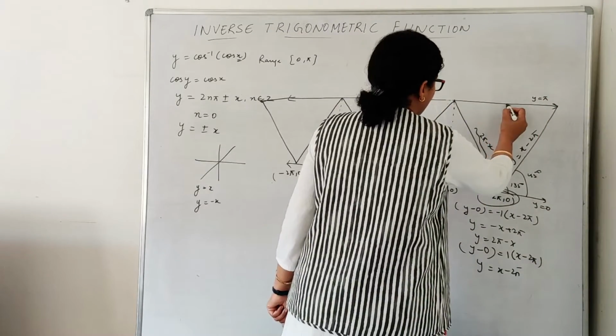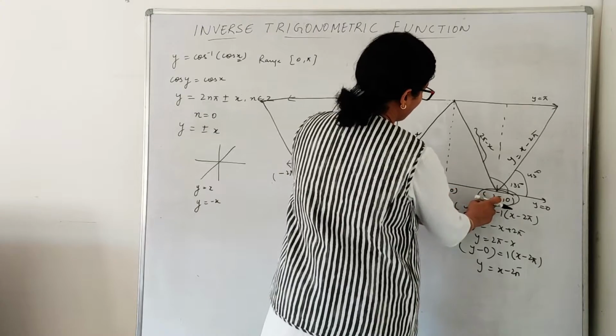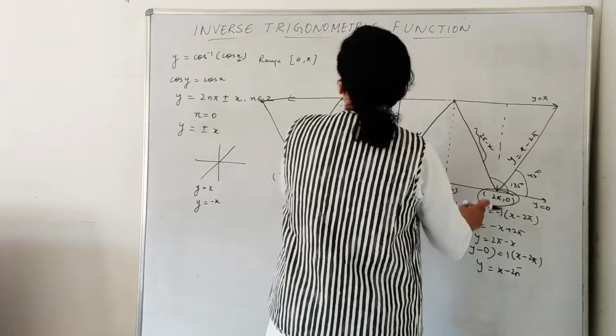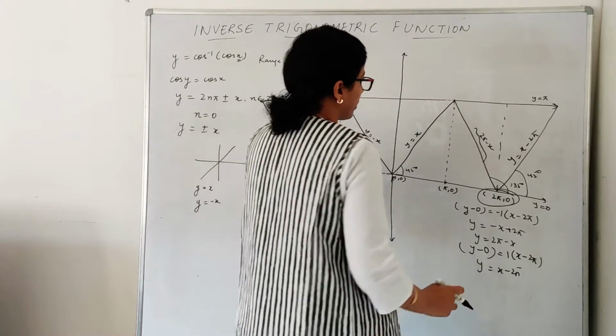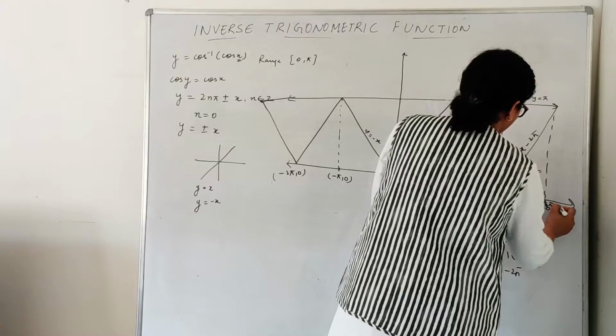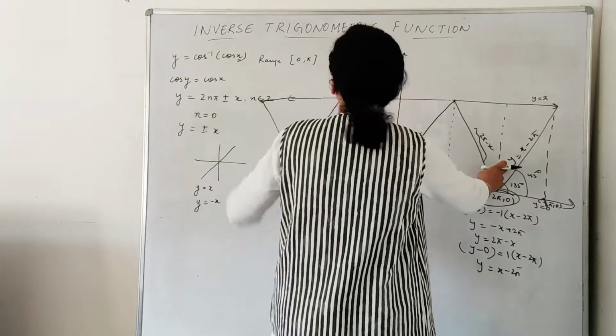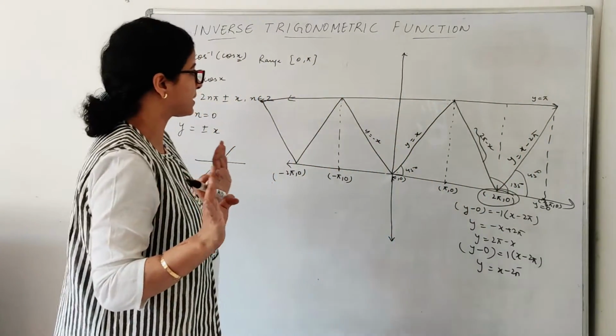So what I can say, when my angle lies between pi and 2 pi, the value of cos inverse cos x will be 2 pi minus x. When my angle lies between 2 pi and 3 pi, the value of cos inverse cos x will be x minus 2 pi. Is that clear?